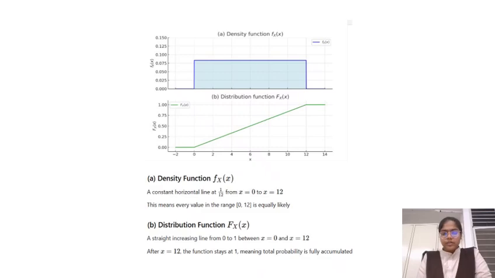B. Distribution function F_X(x): a straight increasing line from 0 to 1 between x = 0 and x = 12. After x = 12, the function stays at 1, meaning the total probability is fully accumulated. In the first graph, the values are in certain ranges, and in the second graph, the values start from minus infinity and end at infinity.